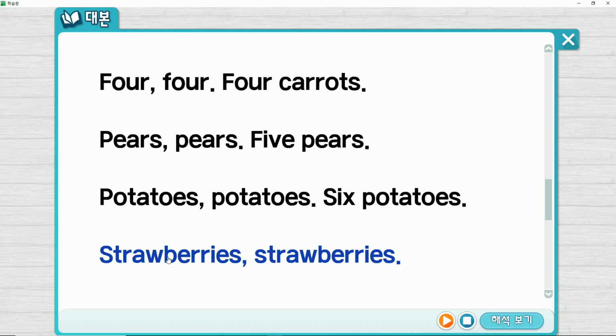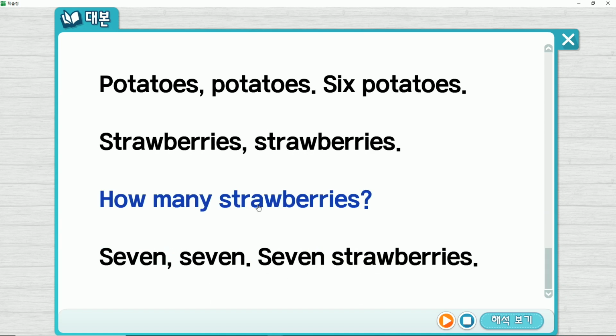How many strawberries? 7. 7 strawberries.